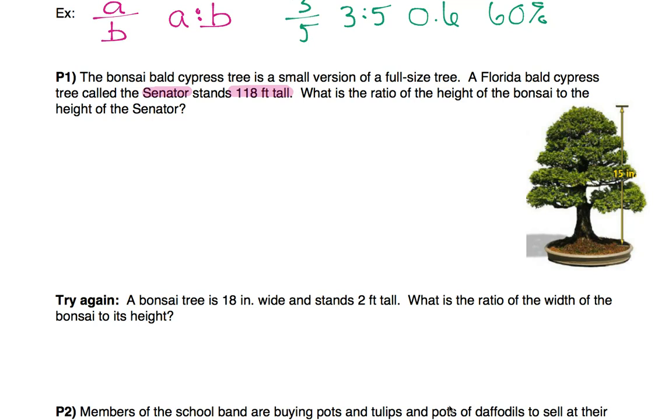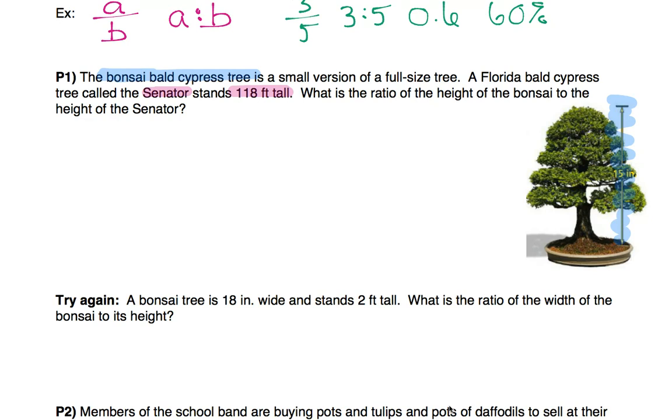And we can see here that the bonsai tree is only 15 inches tall. So they give one of the pieces of information here. The other one's over here in the diagram.